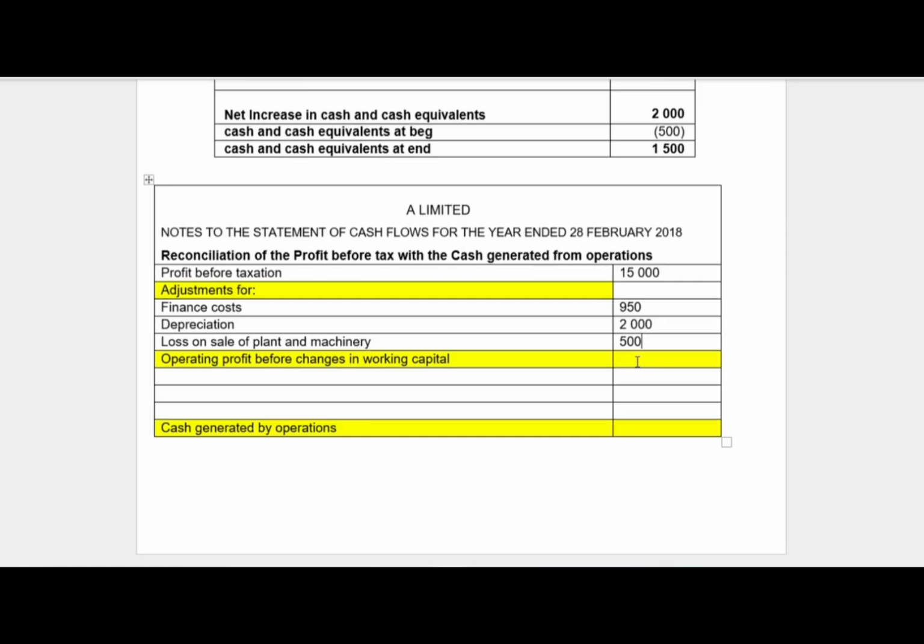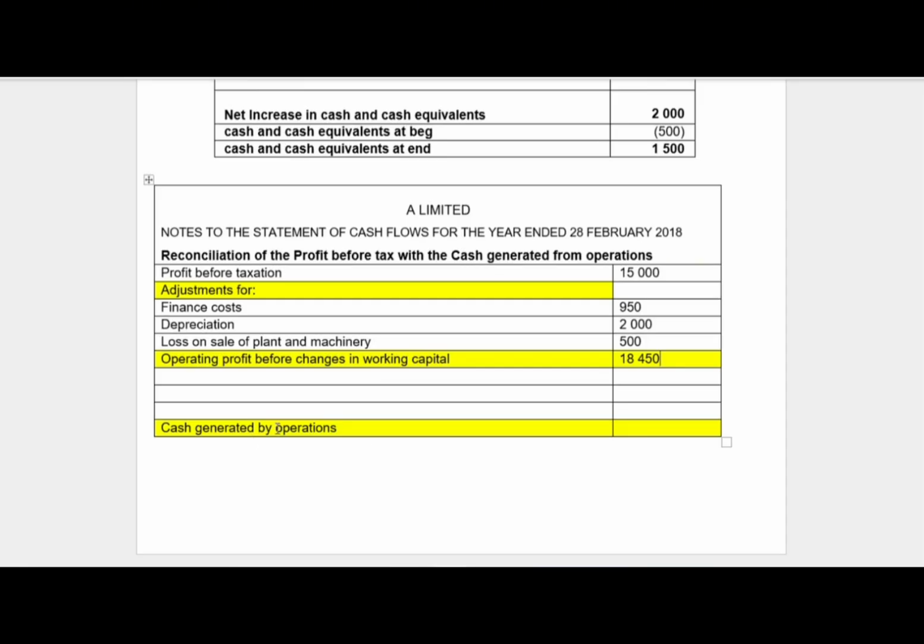You have to say 15,000 plus 950 plus 2,000 of the depreciation plus 500 of the loss on sale of plant and machinery, and then I'm getting 18,450. I'm getting an operating profit before changes in working capital of 18,450. All right, and then that is our operating profit before changes in working capital.